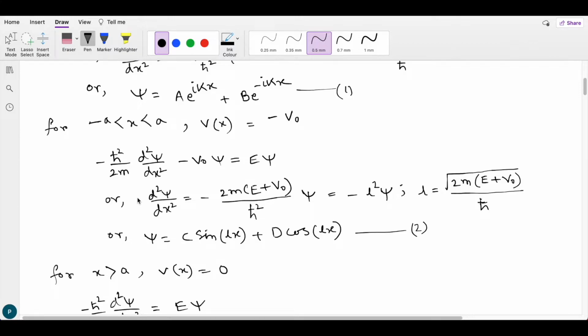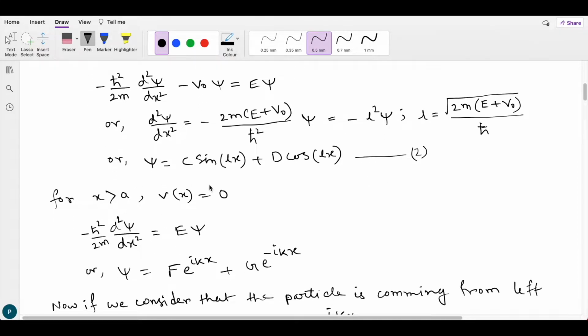And I am writing l equals root over 2m(E plus V naught) by h bar. So the solution of this equation becomes psi equals C sin lx plus D cos lx.